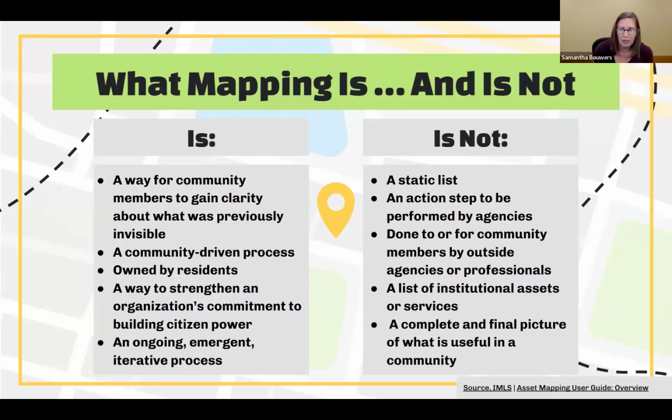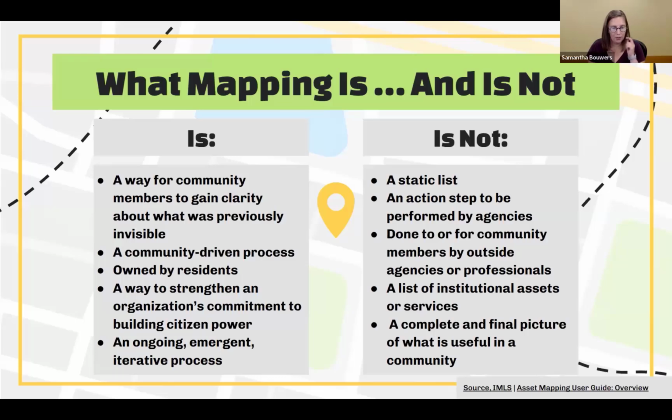But when you broaden out to think about the individuals, the stories, the physical places, I think you'll start to see a lot more sense and a lot more use come from a document like this. And as I've said before, the last bullet point says it's not a complete and final picture of what's useful. I hope that this process is frequently growing and changing for you.